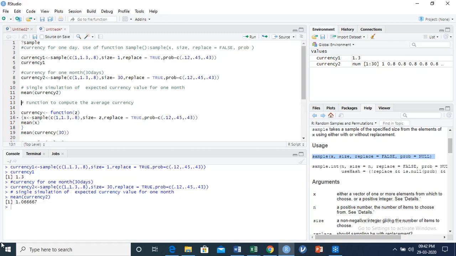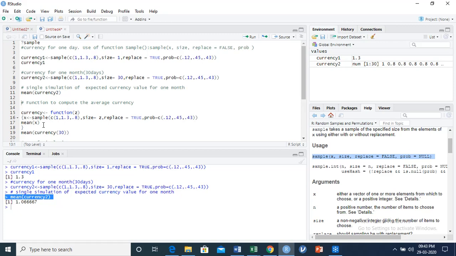What is z? z is the number of days for which we try to estimate the currency. Within the second bracket, we have the sample function, and our objective is to find the average currency value, that is mean. I repeat once again, with this particular function our objective is to find the average currency.